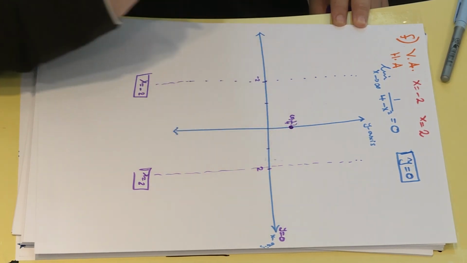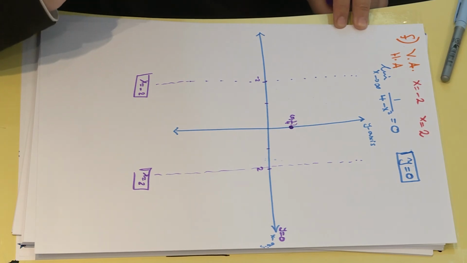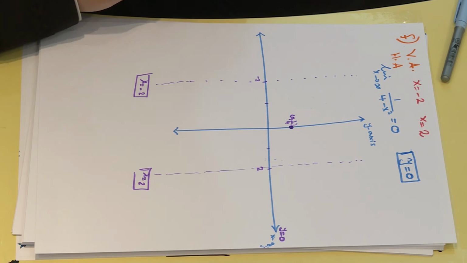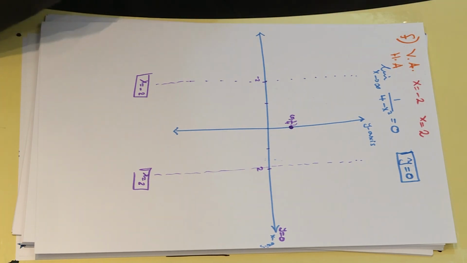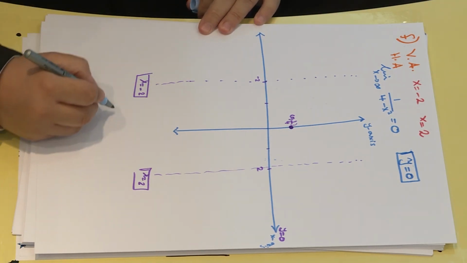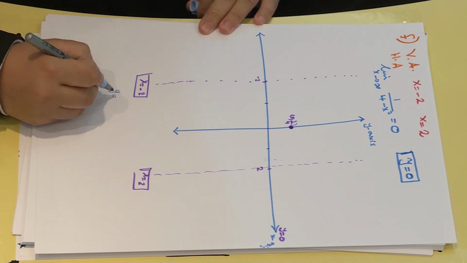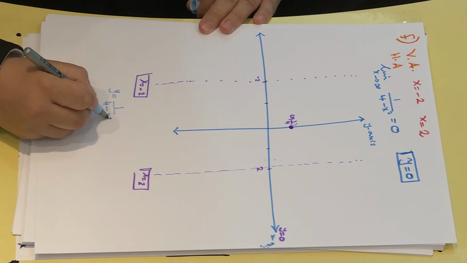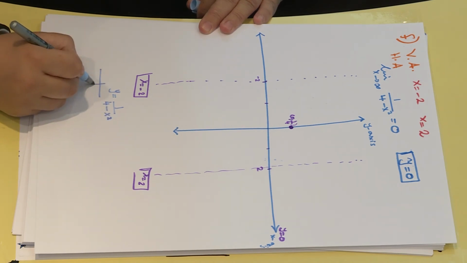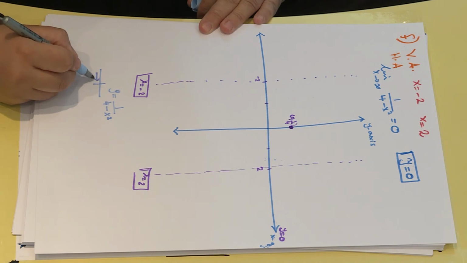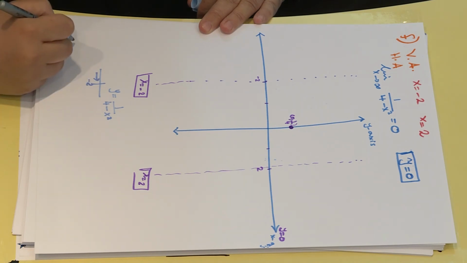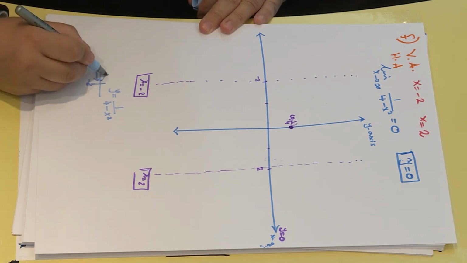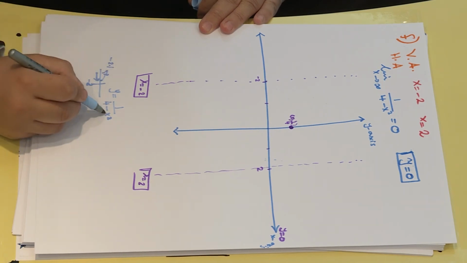Very good. What's next? We should start thinking of the behavior of the function near the asymptotes. So I have y = 1/(4 - x²). When we get closer to -2 from the left, say I take a value which is -2.1, and I plug it in here.